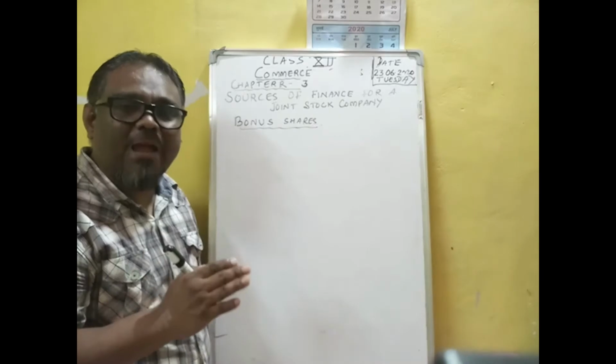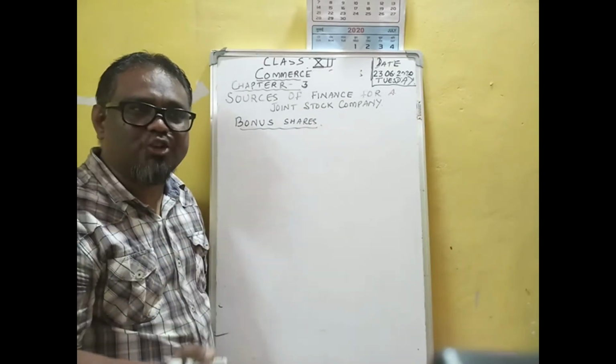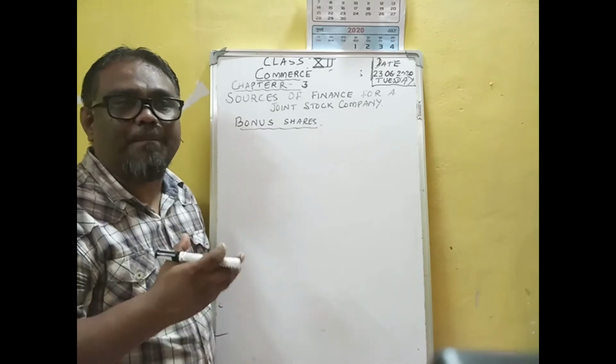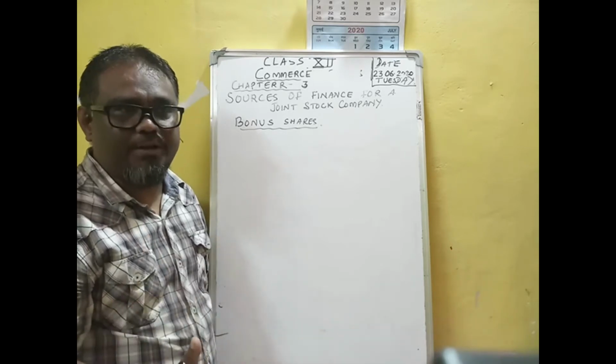Sometimes the company may have a large amount of undistributed profit, that is accumulated past profit, which a company wants to distribute among the shareholders in the form of dividend.